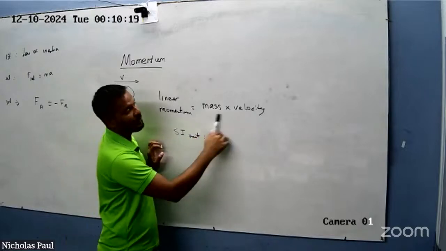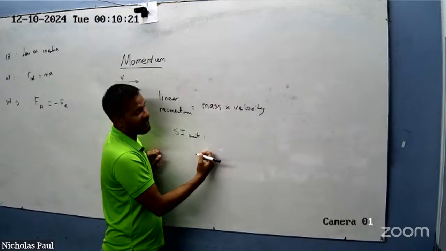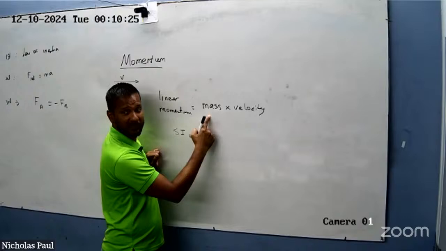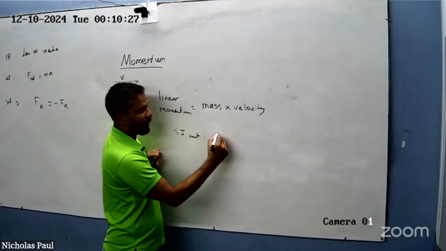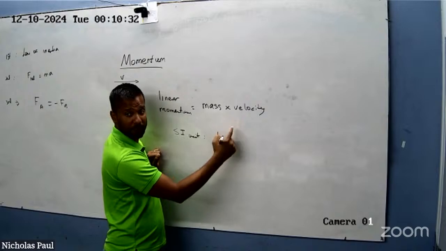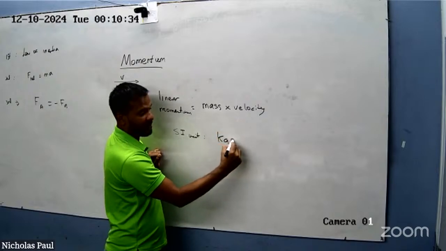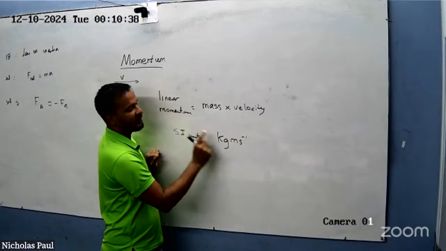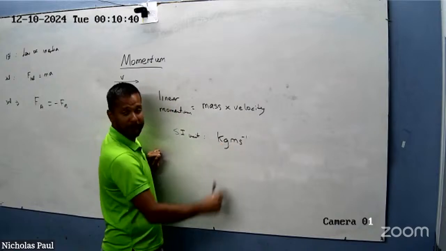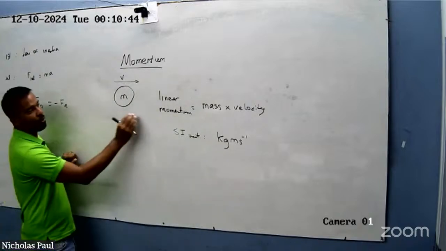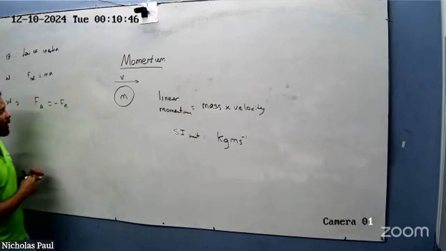Mass is in kilograms, and velocity is in meters per second. So linear momentum is in kilogram meters per second. That's the SI unit. So this new quantity, linear momentum, we observed it here and here.